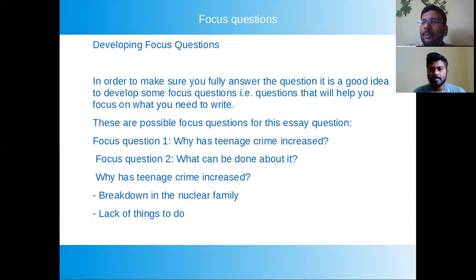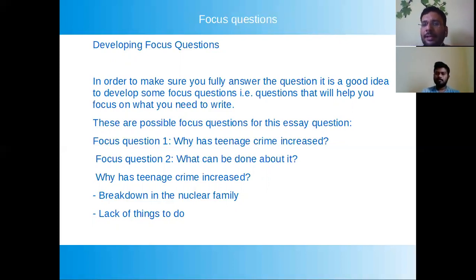A focus question is going to help you to write an essay which has all the relevant points by asking focus questions on these keywords. So what are the possible questions that I can ask on these keywords, right?